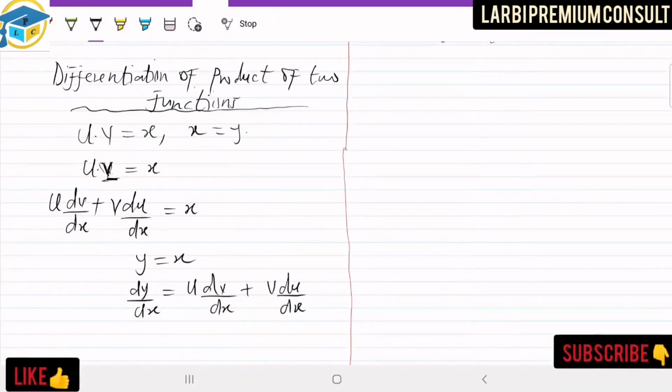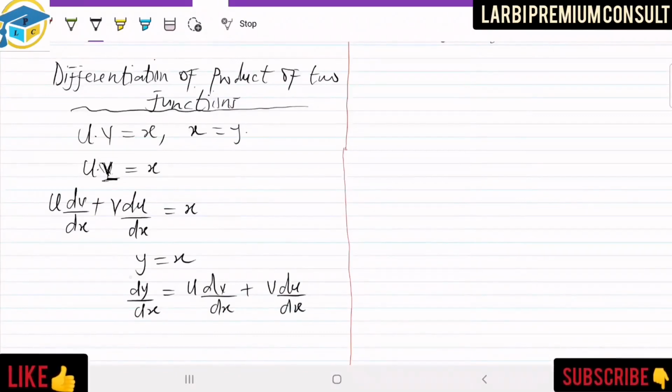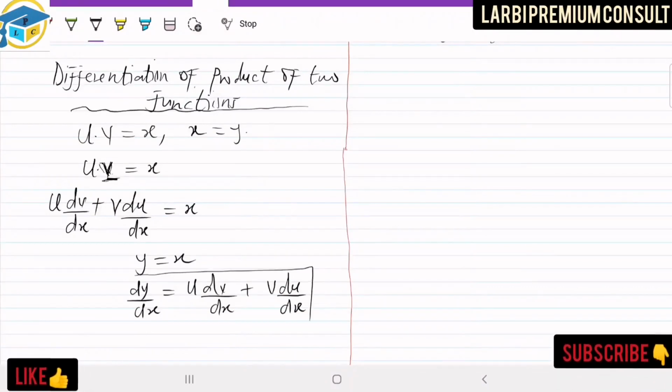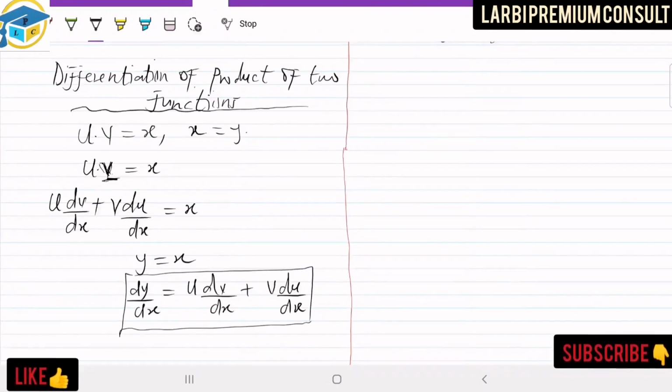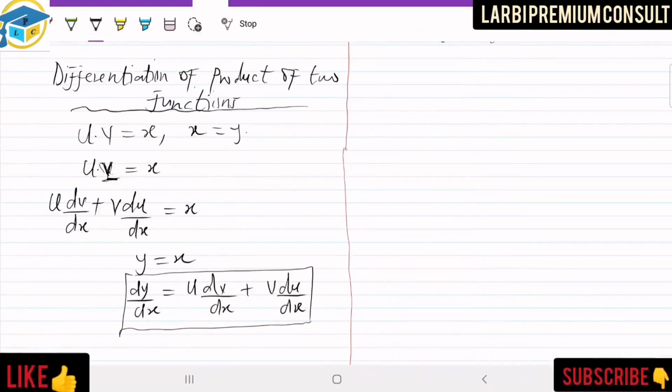So that is the rule when it comes to differentiation of the product of two functions. We call it the product rule.